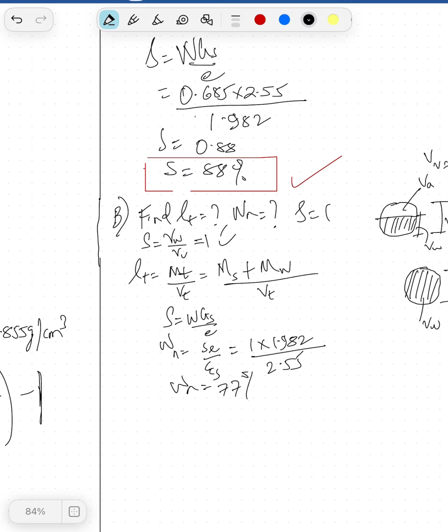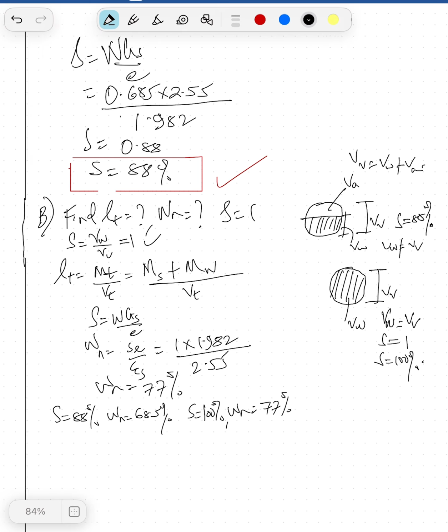77%. So when S equals 88% initially, water content was 68.5%. Now the saturation has increased to 100%, so water content is now 77%. So this makes sense, right?